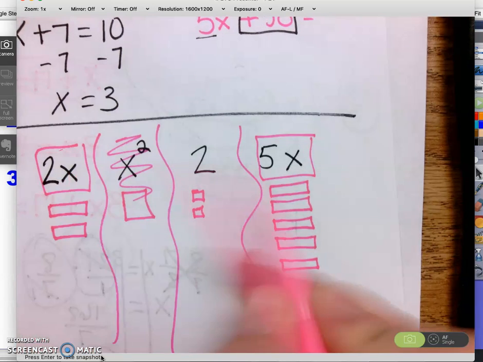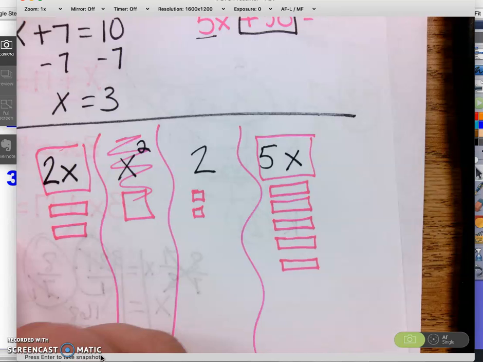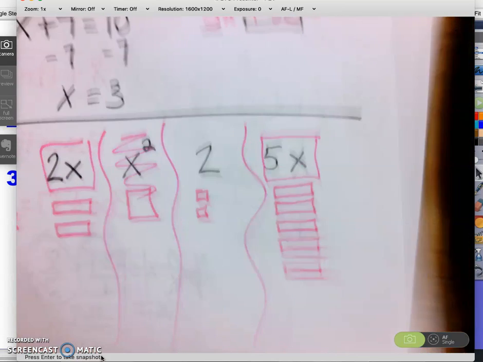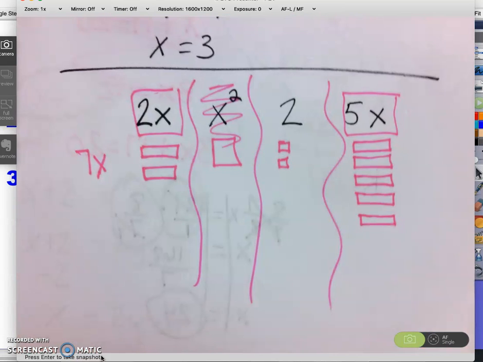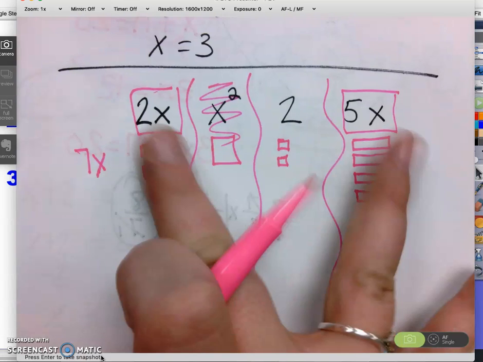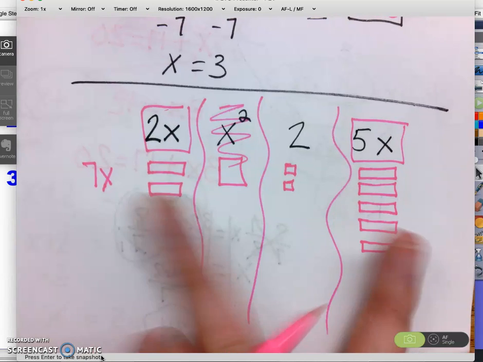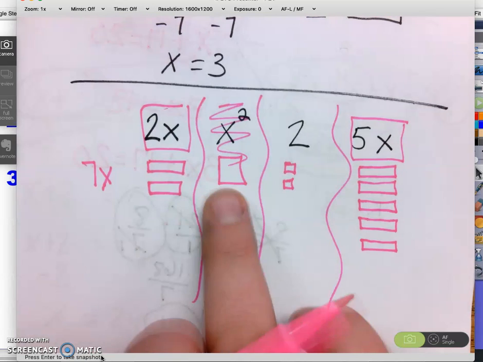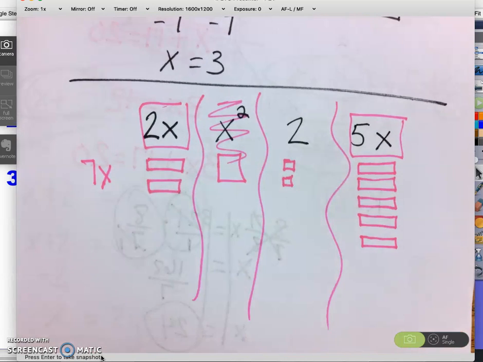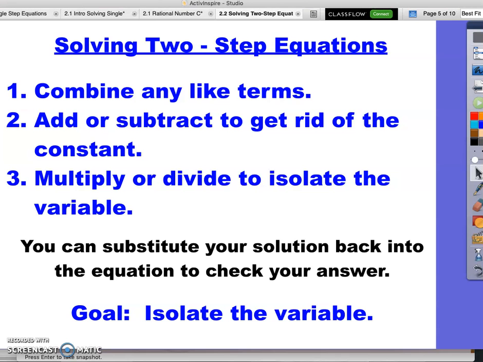So if I were to combine those, this would be 7 apples, or 7x. Looking at my shapes here, which ones are the same shape? My like terms, right? The 2x and the 5x. They're the same shape, so that's how we can combine them. That's why you can't combine it with that.